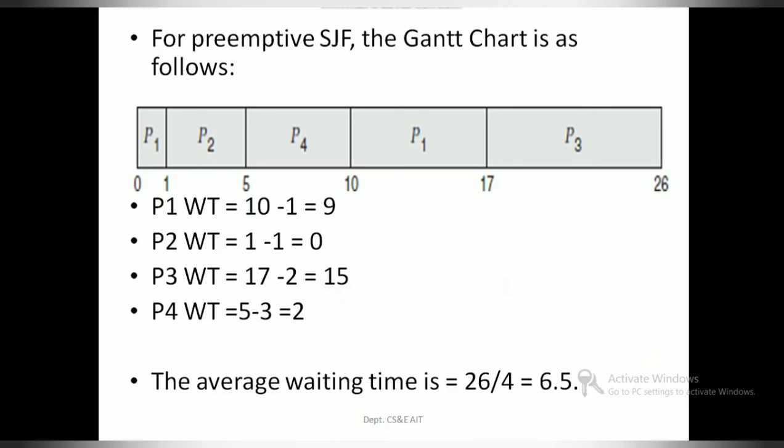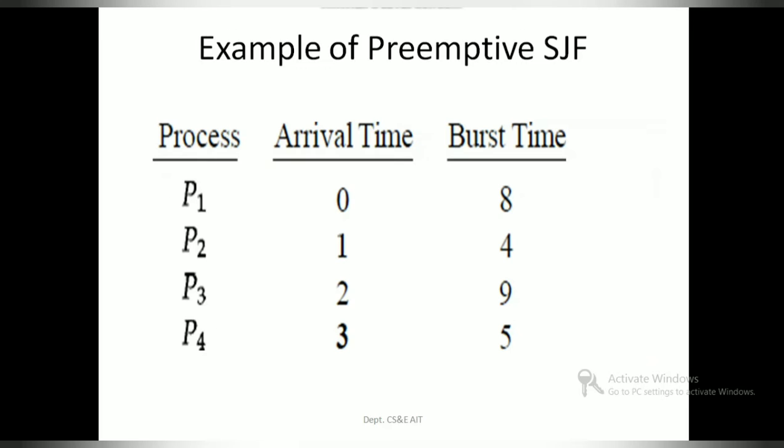Now I have all the processes that have arrived in the system by the 4th millisecond, so next I will be assigning the CPU to the process with the smallest burst time.